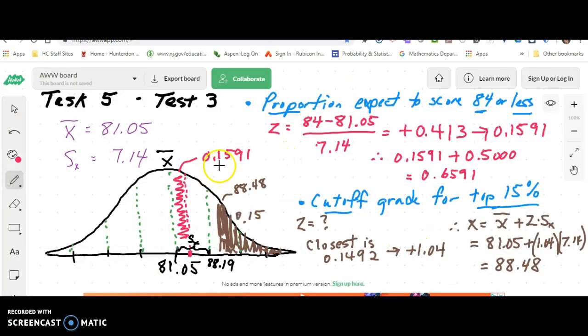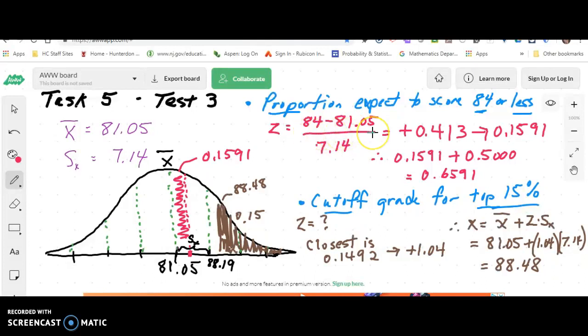Now for this problem, what we need to do is two steps. First, we have to find out where 84 lies on this normal curve. And instead of trying to plot it and guess where it is between an 81 and an 88, we convert everything to z-scores so that it's normalized. We use this formula where we subtract 84, which is the value that we're looking at, minus 81.05, which was the mean.